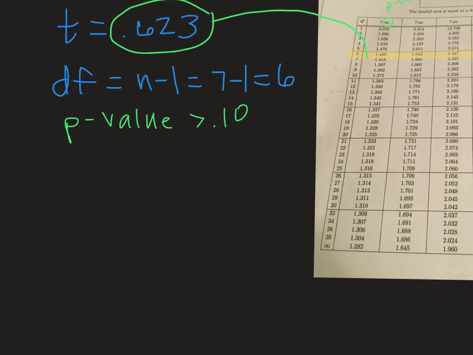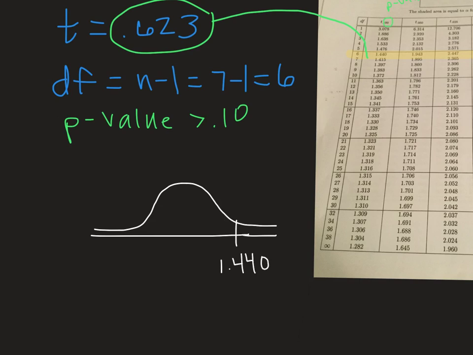We know from the table that for the t-value 1.440, that has area in the tail of 0.100. Well, our t-value is 0.623. So if we put that on here, we get 0.623.